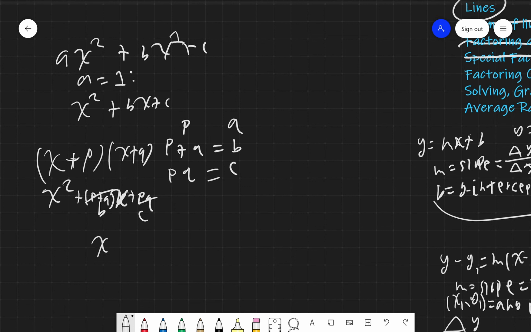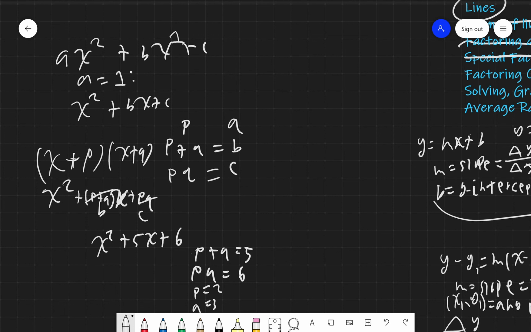So let's say we had x squared plus 5x plus 6. How do you do this? Well, we have p plus q equals 5 and pq equals 6. Now obviously p equals 2 and q equals 3. But we can also have p equals 3 and q equals 2.